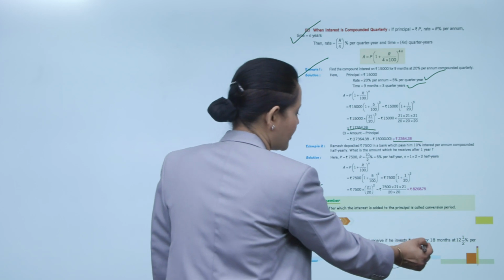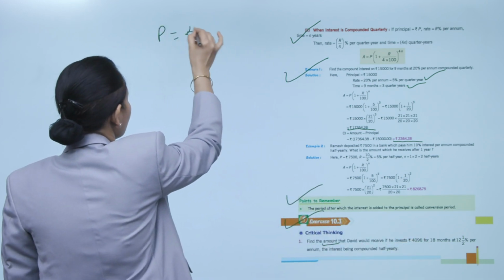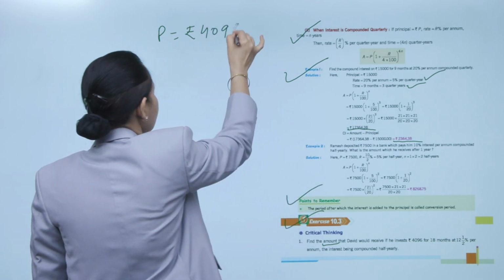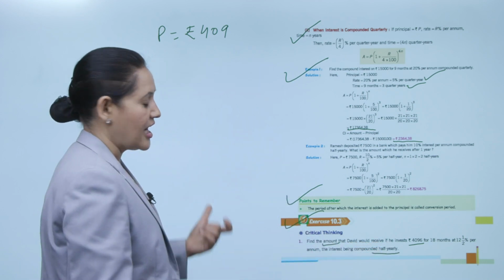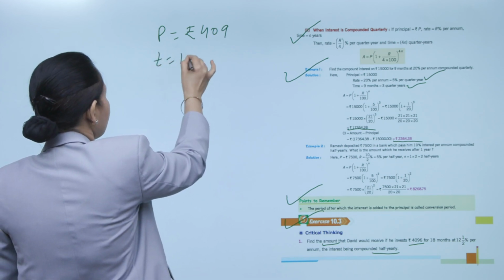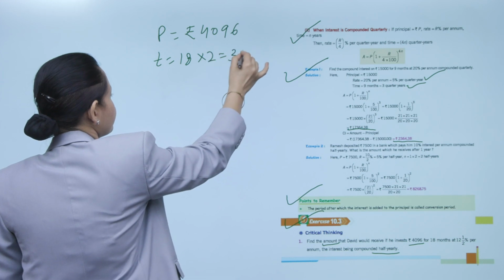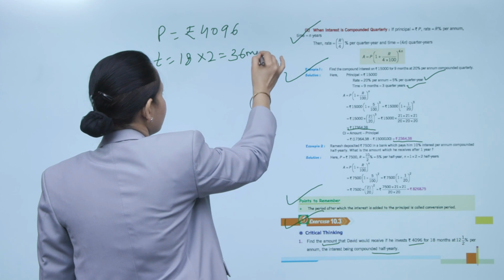If he invests, this is the principal, rupees 4,096. Now half yearly means what will the time become? Time will be 2 times. So T equals 18 into 2, that is 36 months. 36 months means 3 years.